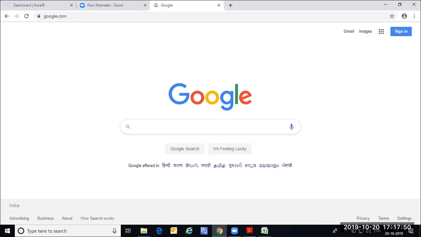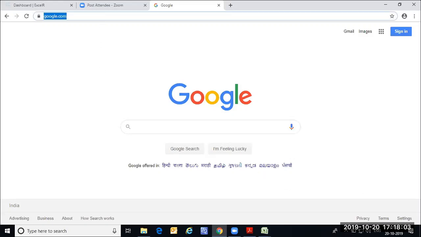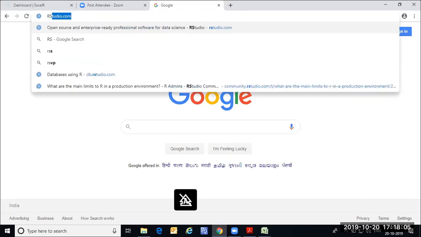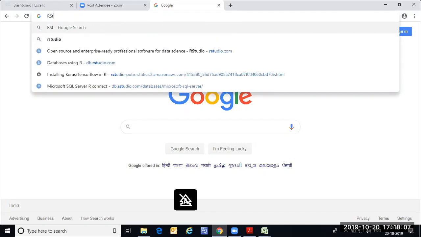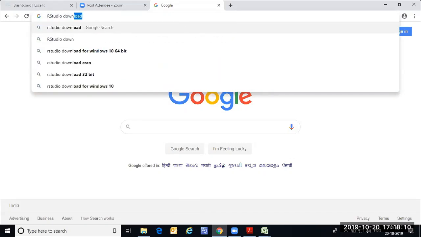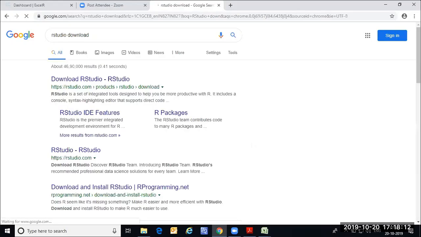That's where a company called RStudio has developed an IDE which can run on top of R. You can go back to Google and search for RStudio download. Just click on the download RStudio link.